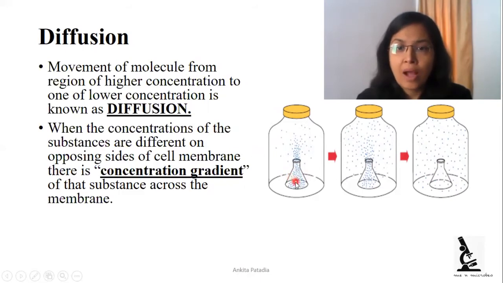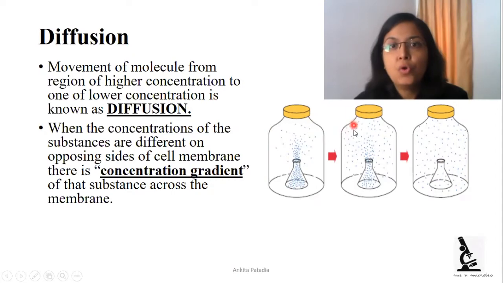Diffusion occurs along concentration gradients, meaning from higher to lower. The cell membrane has two sides, outside and inside the cell, and the concentration of molecules is different on the two sides. Concentration gradient means from higher to lower. Diffusion occurs until equilibrium is reached.